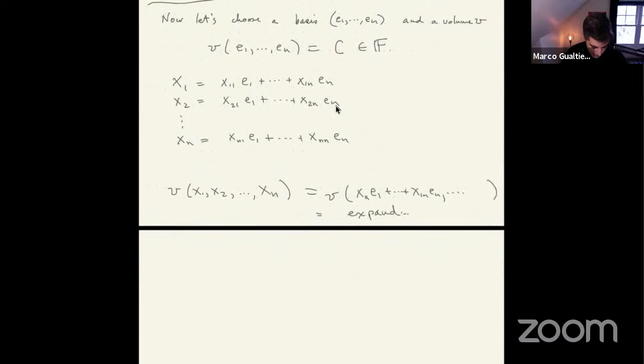So the first term that we're going to get is x11 e1. Okay, now what will be the first contribution in the second argument, right? I could put x21 e1, but I know that this term will be 0 because I have a repetition of e1. So this one will not contribute. The next one will be x22 e2.